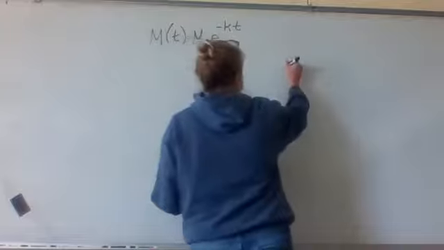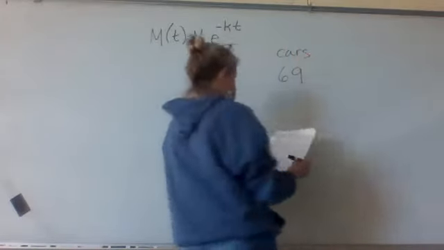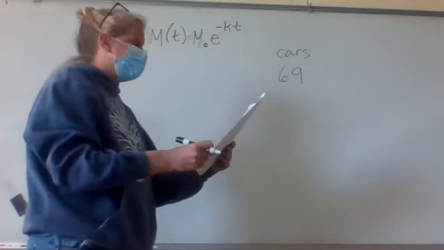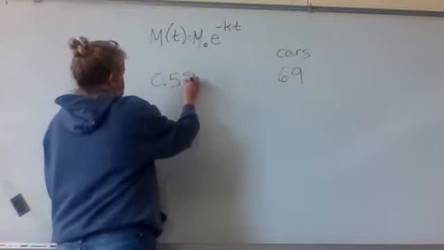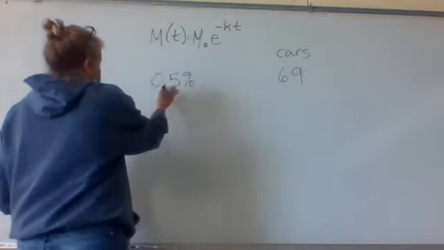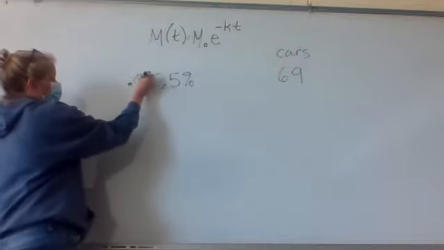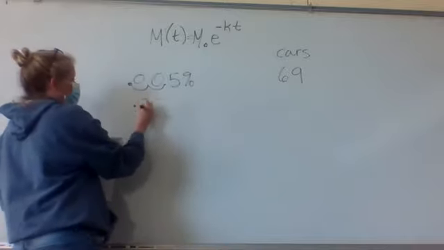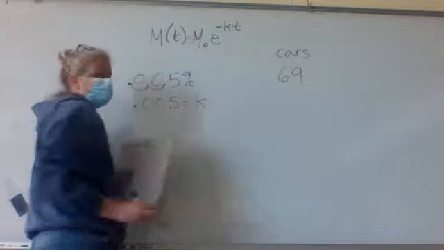So 69 million cars, decreasing by 0.5% annually. So I know for sure the first thing I'm going to have to do to this percentage is turn it to a decimal. So move your decimal 2 places to the left and fill in the blank with a 0. So 0.005 is going to be your K, your rate.